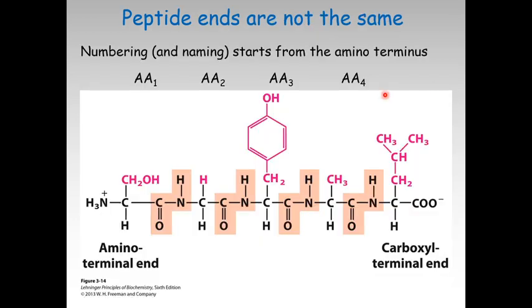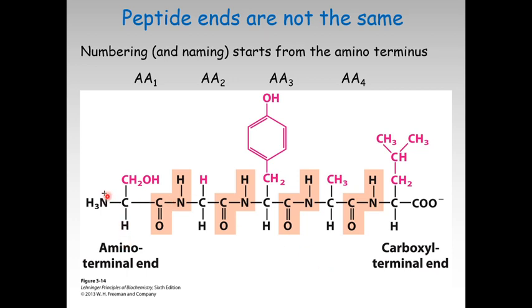Let us consider a different peptide in this slide. Now, what I want you to take away from this slide is that peptide ends are not the same. The amino terminal end has serine in this peptide, whereas the carboxy terminal end has a leucine. So you cannot swap the amino terminal with the carboxy terminal because the sequence of the peptide matters.